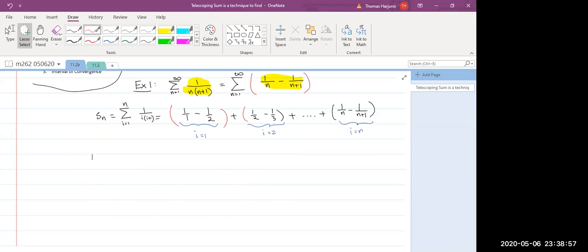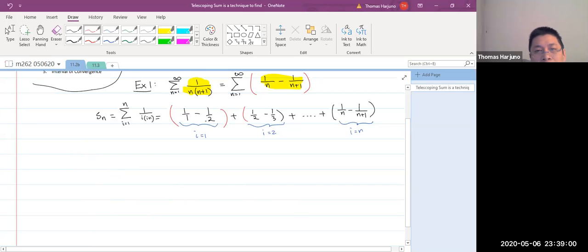Now, what happens once we have this nth partial sum? Notice that this term cancels this, and then this term will cancel the 1/3 after that, and keep on canceling. So the nth partial sum is basically equal to 1 minus 1 over (n plus 1).